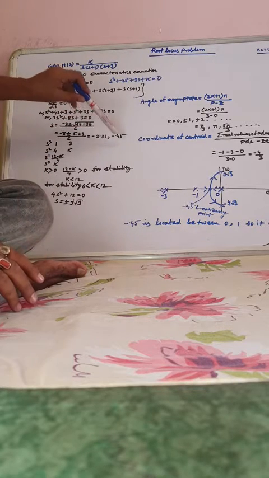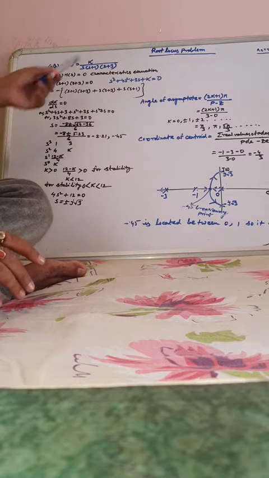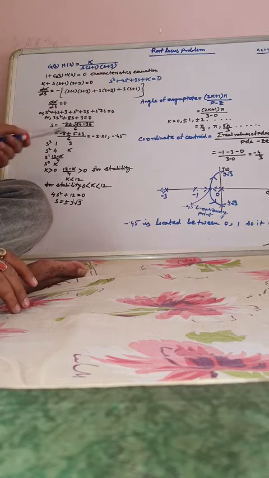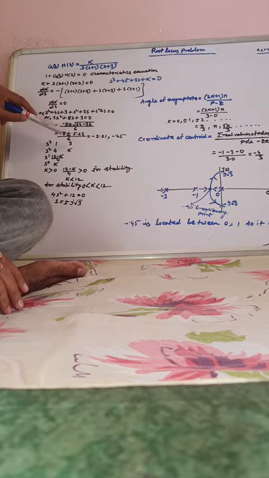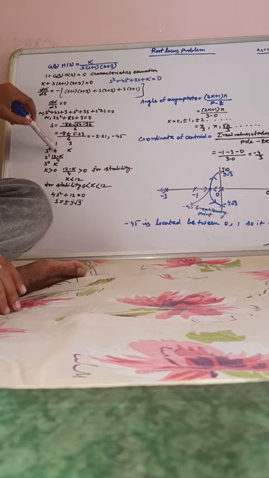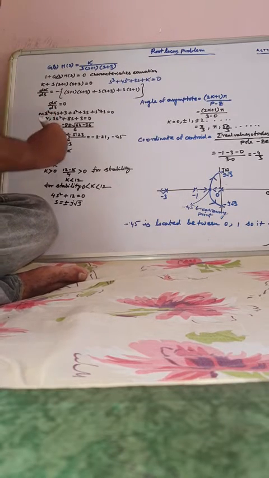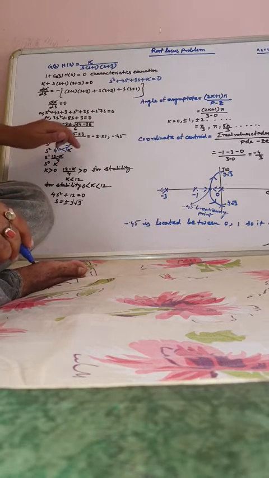The rows are s cube, s square, s to the power 1, s to the power 0. So 1, 3, then 4, K, then (12 minus K) by 4, and this is K.